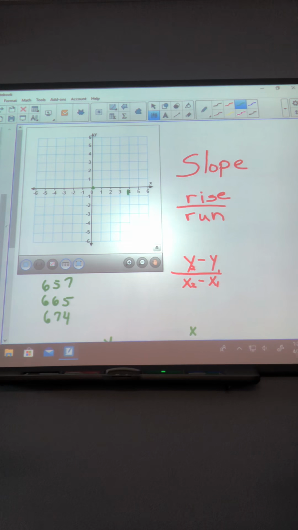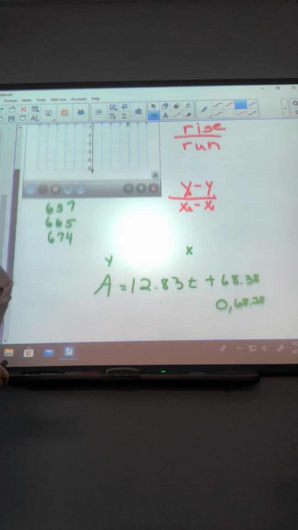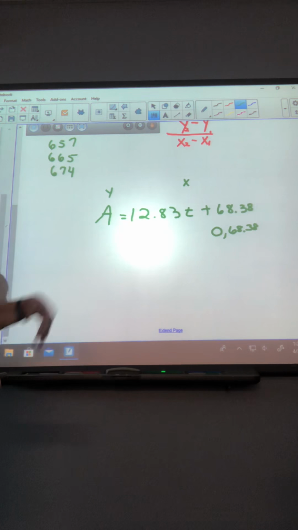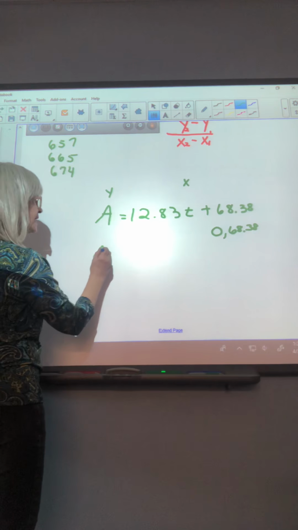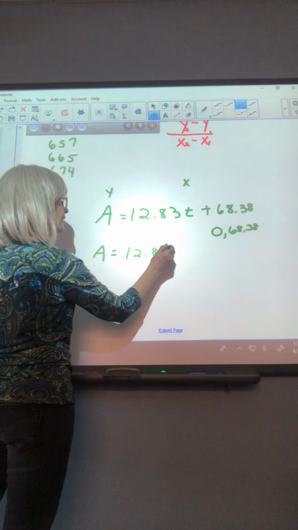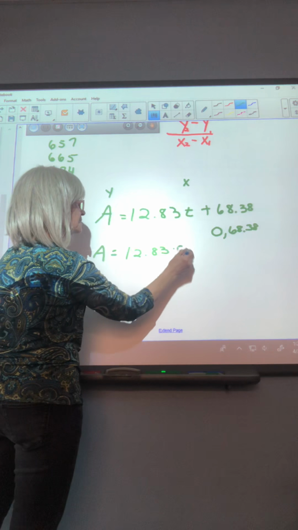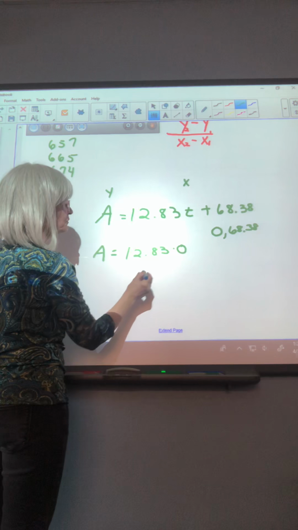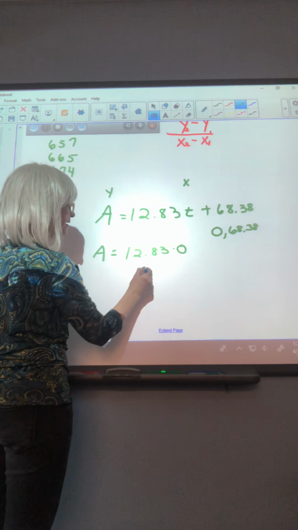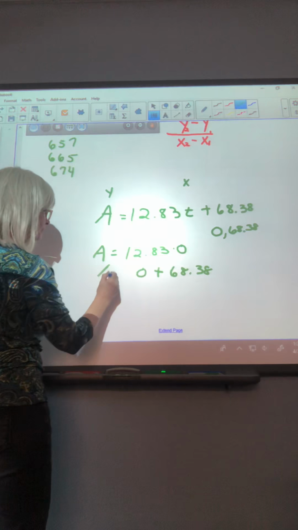Okay. So, find the amount that's spent on online advertising in 2010. And so we would, so 2010, the time is 0, and it's not rising either, it's just 0, 0. That's what happened to there's the equation. Okay, so to solve this then, we would say A is equal to 12.83 times 0, which would give us 0 there, and then we would add 68.38 to it.